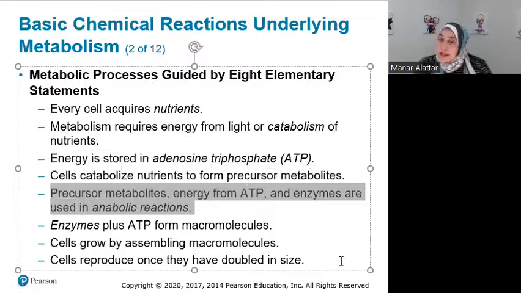Precursor metabolites, energy from ATP, and enzymes are all used in anabolic reactions, okay? And so we take all of these different components: energy currency, which we said was ATP, the precursor metabolites, which are being produced off of other metabolic processes, sometimes other organisms, and then enzymes.